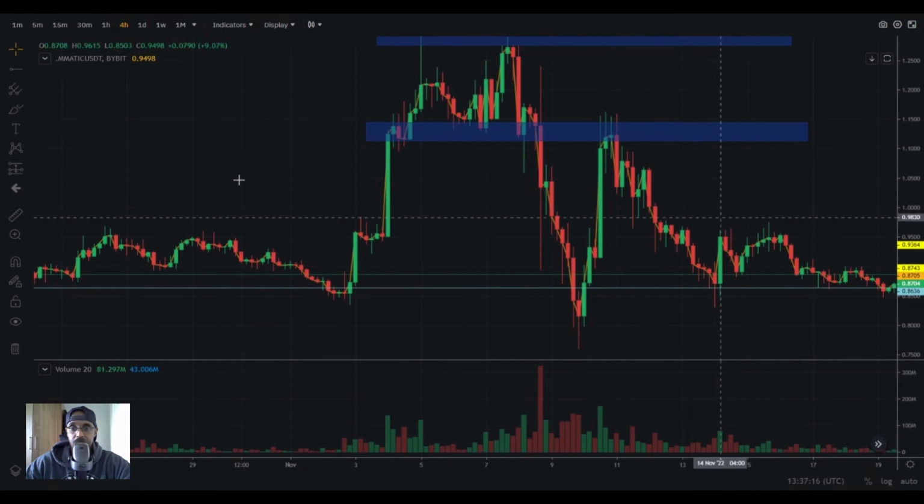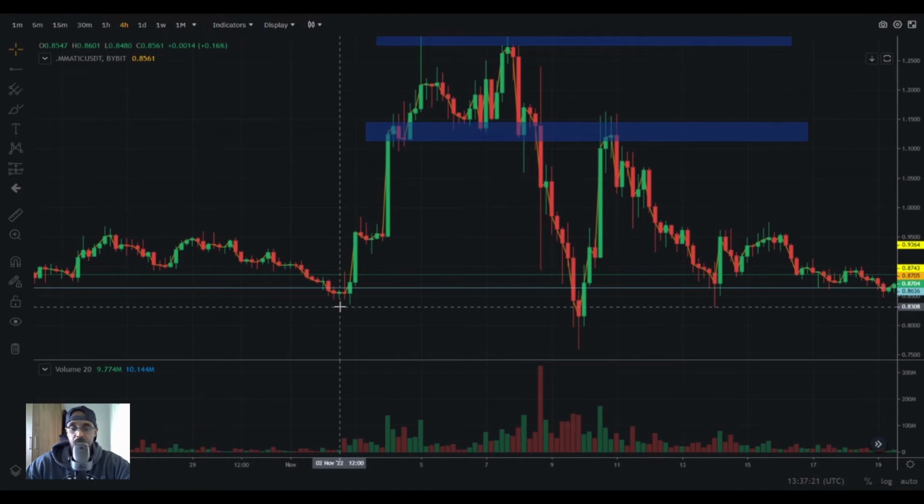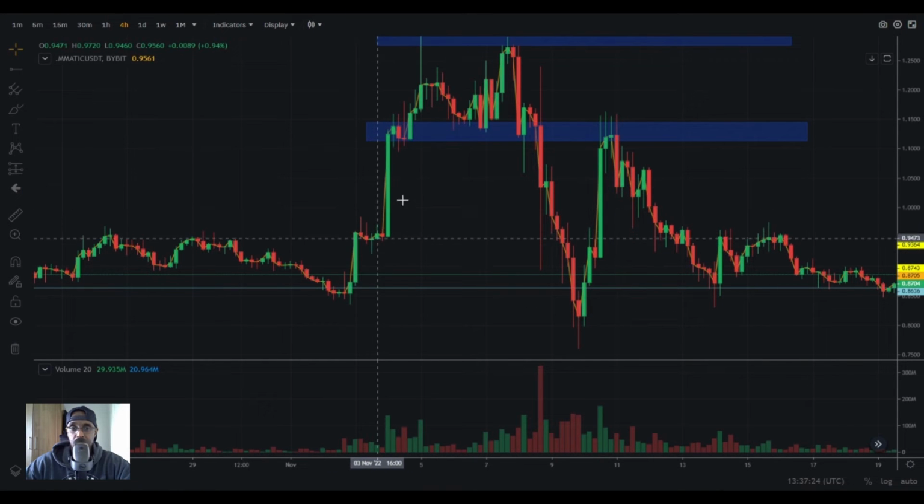Okay, so what can we see from this area over here? It looks like we've broken up from this area. We broke up, came back down, broke up, came back down, and broke up again, and it consolidated here for a little bit, even though we have to create a higher high.